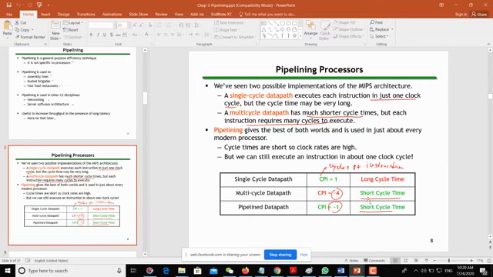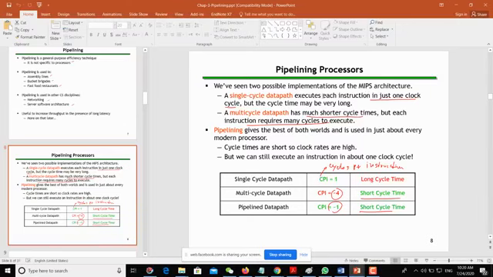Okay, pipelining a processor. How can we pipeline processors? We have seen two possible implementations of the MIPS architecture. MIPS means millions of instructions per second, complex architectures which can execute millions of instructions per second.